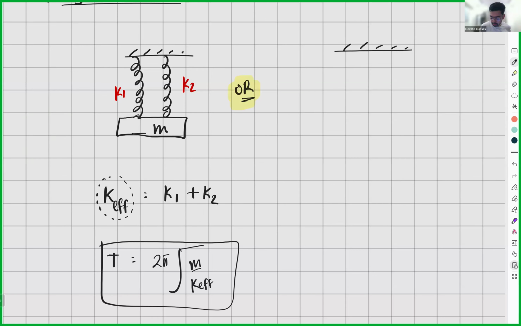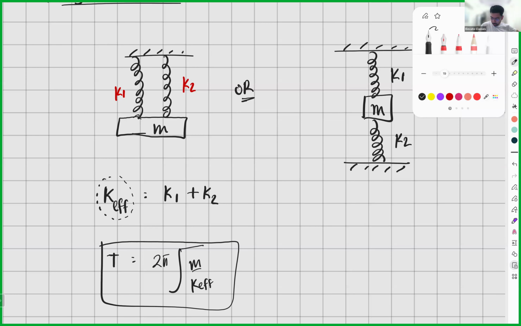So what are the other systems which behave similarly? It can be this kind of system, where you have a mass m kept between two springs of spring constants k1 and k2. Now k1 can be equal to k2, and you can be given a problem where k1 is equal to k2 and so on.